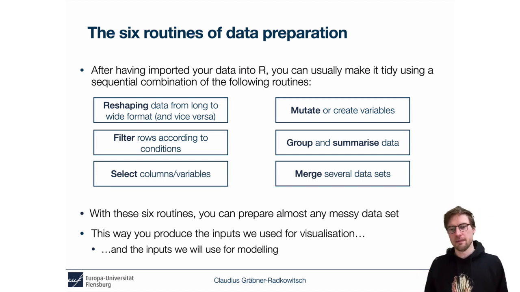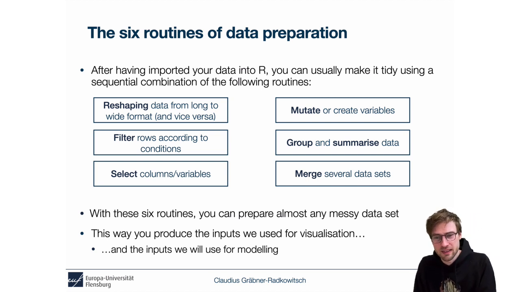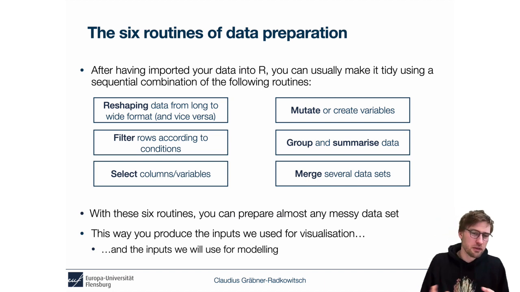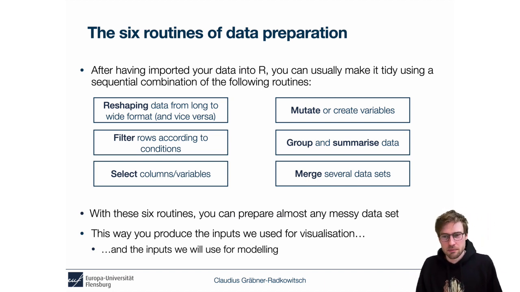There are some tasks for which you need additional functions, especially when the cells do not refer to a single value. Then you also might need to unite or separate different columns, which is a little bit more tricky, but actually 90% of the tasks you can address with these routines.